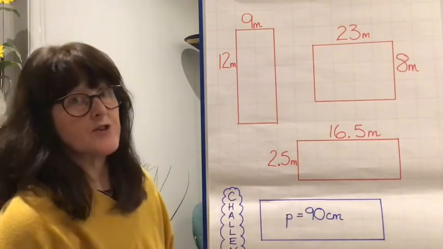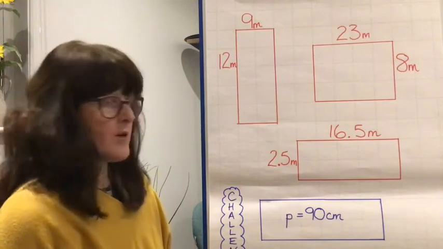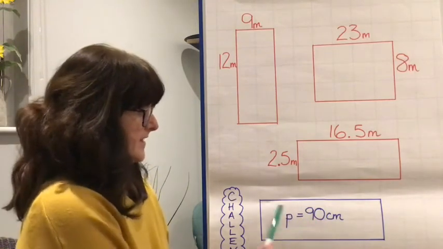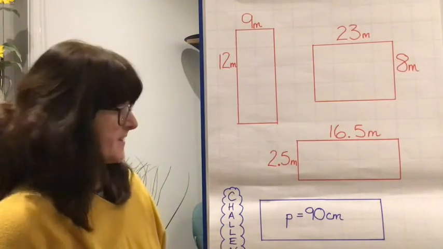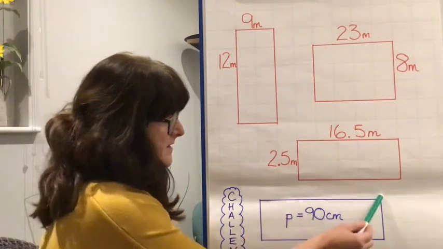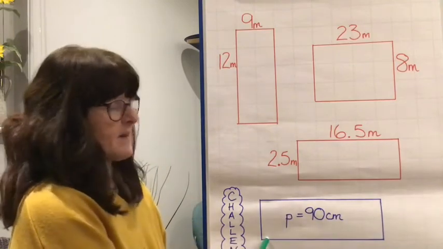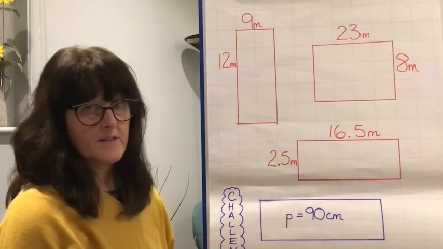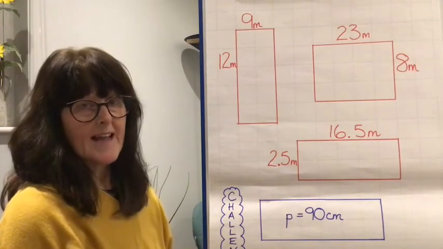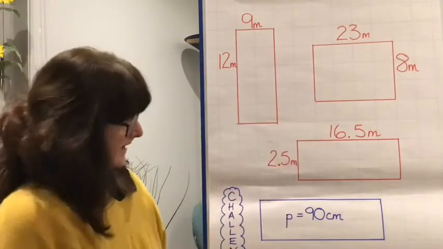What I would like you to do is to try and work out what the sides could measure, and there will be definitely more than one answer for this. Just remember that this side and this side must be the same length, and this side and this side must be the same length. So off you go and give this little workout a try.